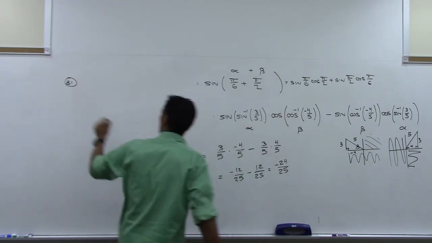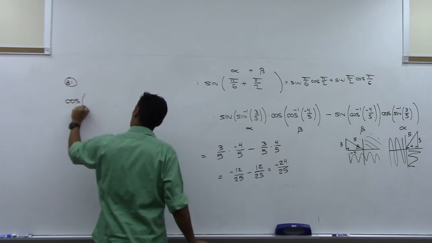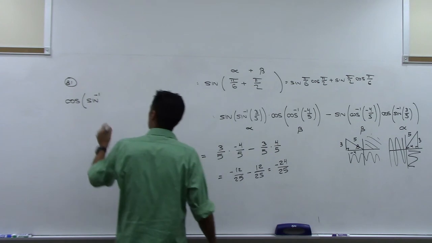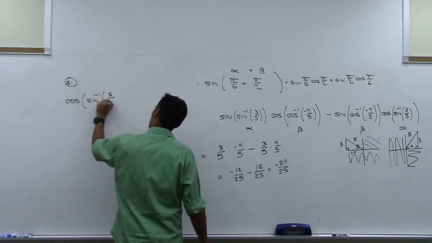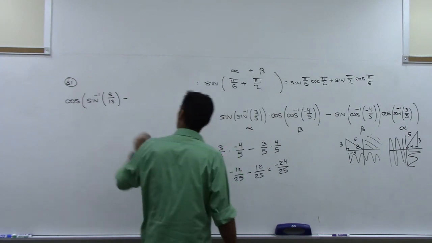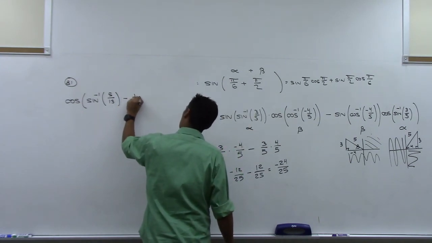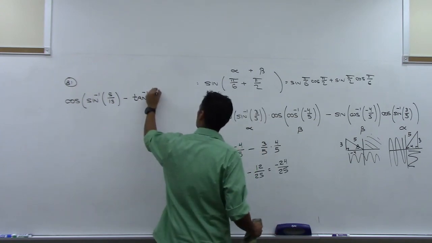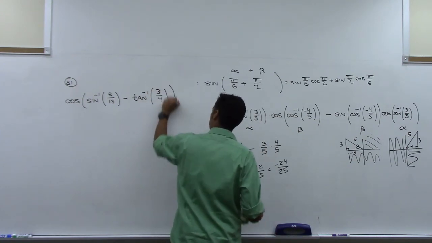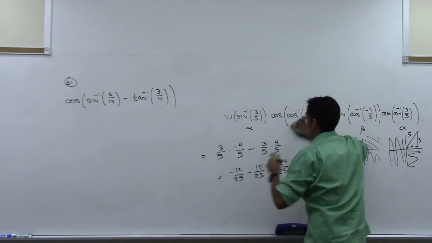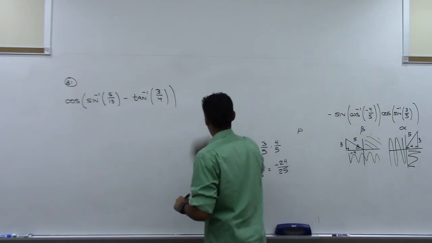Cosine of arc sine of 5/13 minus arctangent of 3/4. All right, so now that I know I'm going to make it to the end here without a time issue, I'll take a little more time on this one.